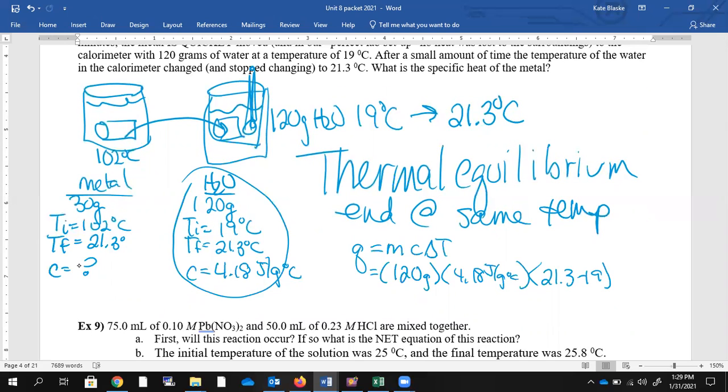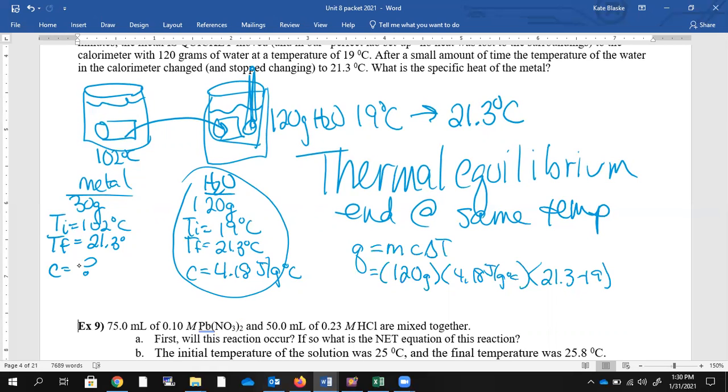So I can plug all of this into my calculator. Oops, pushing the wrong buttons. So 120 times 4.18. The difference in my temperature is 2.3 degrees. So I get, whoa, I cannot use my calculator today. 2.3 times 120 times 4.18.